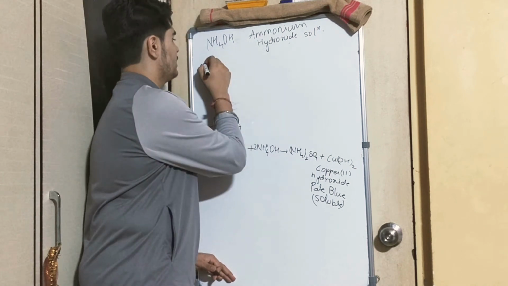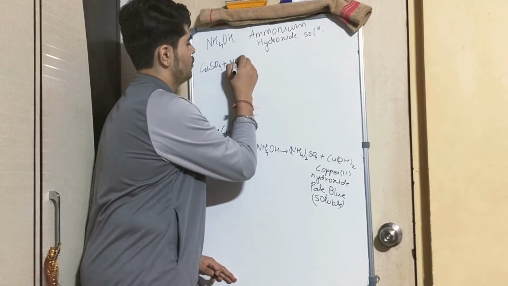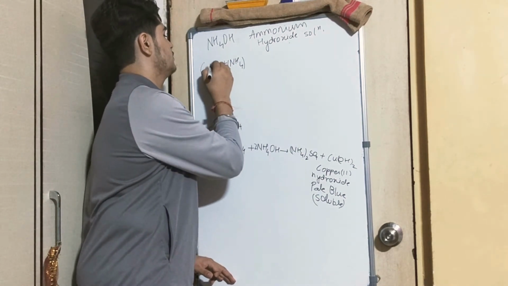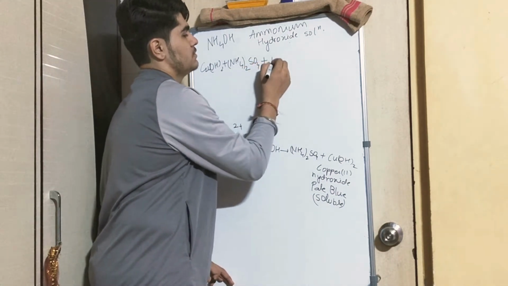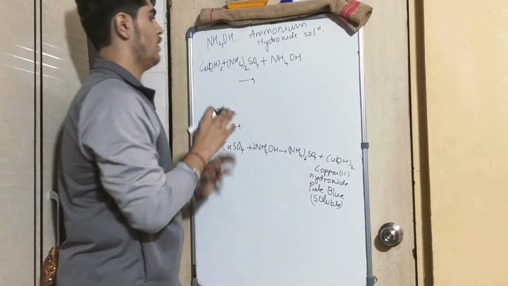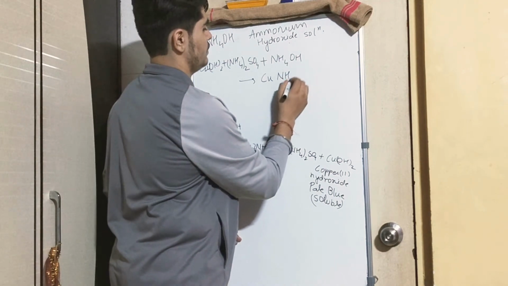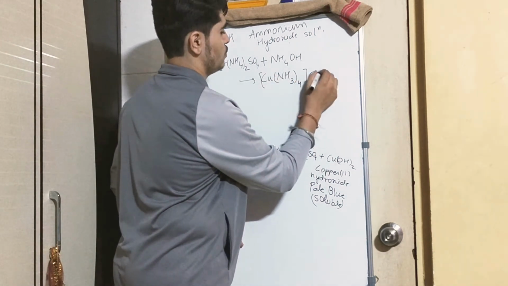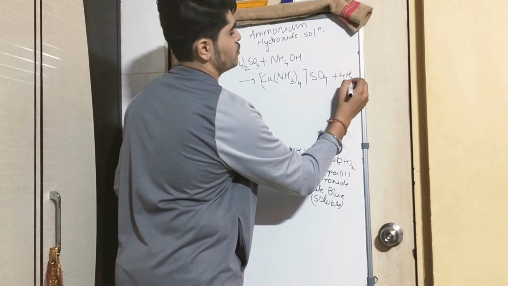So when you react, sorry, it's not CuSO4, it's Cu(OH)2 plus (NH4)2SO4 plus NH4OH gives, now pay attention, [Cu(NH3)4]SO4 plus 4H2O.